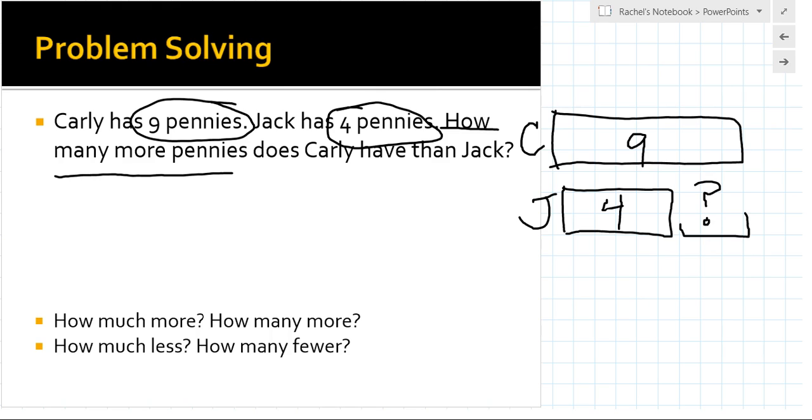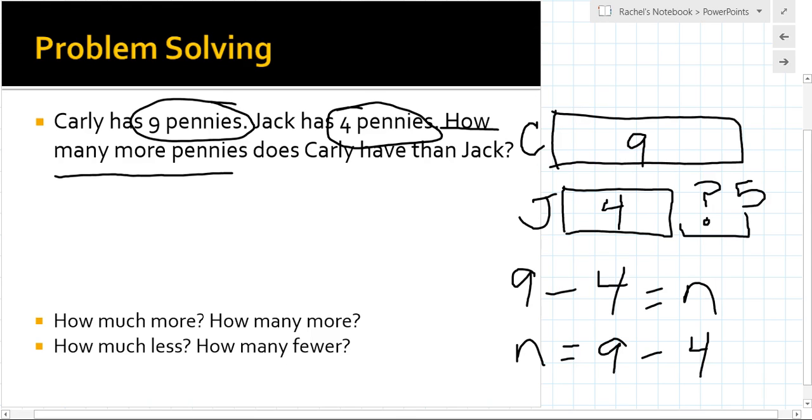So students today first found how to write a number sentence or equation with an unknown, using n for the letter. In this case, we can use 9 minus 4 equals n, or they could write it n equals 9 minus 4. And using their simple subtraction, they understand that the difference is 5.